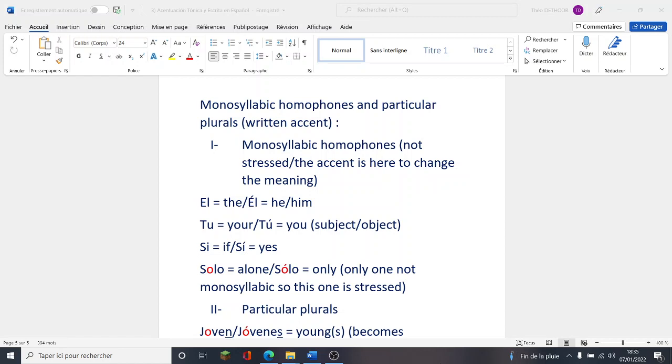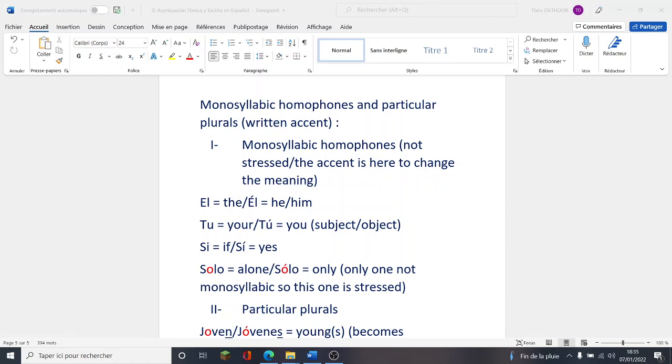As I told you, monosyllabic words don't have any stress, because there's only one vowel in them. So here, the written accent is not there to change by any means the intonation. It's just there to change the meaning of the word. So el without accent is the, and él with an accent is he or him.